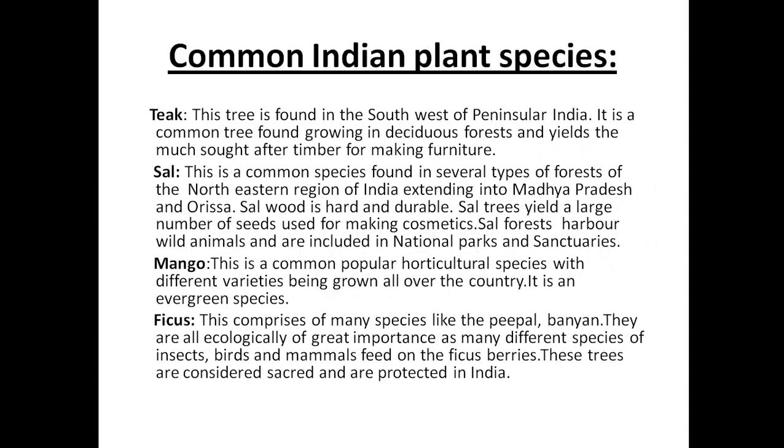Now, as we are doing this chapter on biodiversity, we must know the names of some common Indian plants as well as common animals found in India. So let us talk about some of the common Indian plant species found in India.